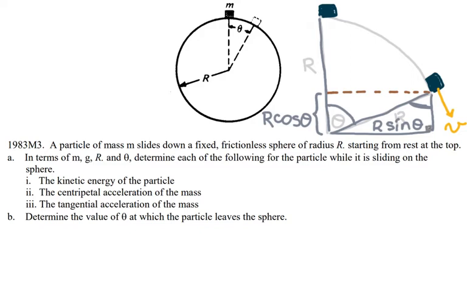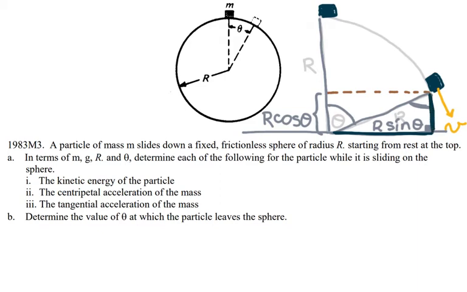This is the right angle, because that would be the x and y axis, so this would be the x-axis. And so this one is r sine, and this one is r cosine.